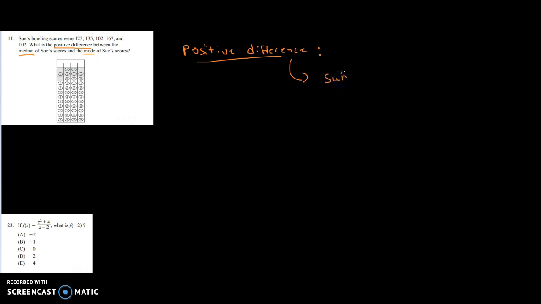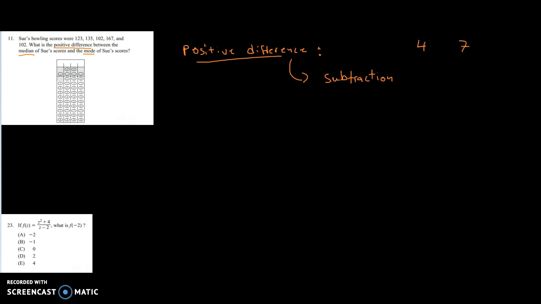All right. So difference means subtraction. Okay, so then let's think about what positive difference means. What's the positive subtraction? Let me give you an example. Supposing I gave you two numbers, 4 and 7, and I said, what's the difference between them?